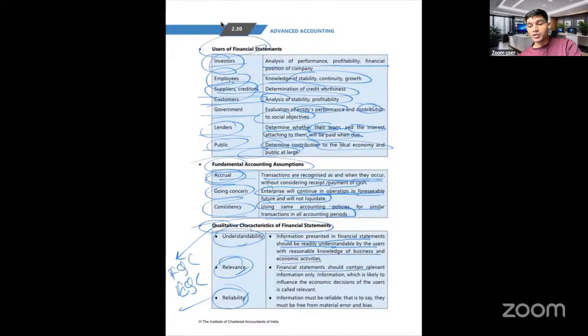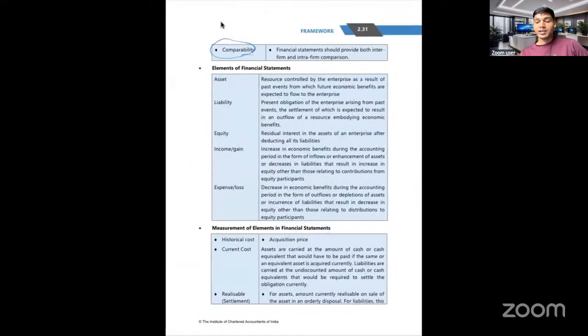Financial statements should contain relevant information. Only information which is likely to influence the economic decisions of users is called relevant. Information must be reliable, that is to say, it must be free from material error or bias. Comparability: financial statements should provide both inter-firm and intra-firm comparisons.